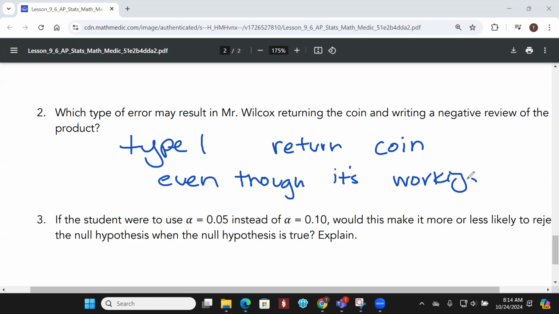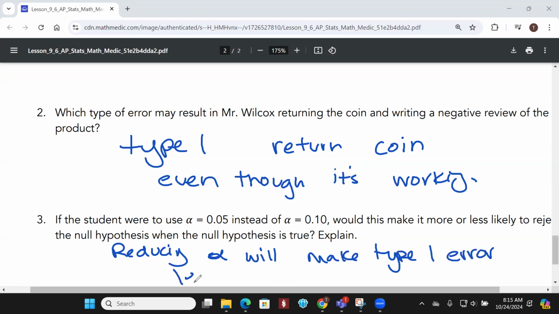Now, if the student were to use an alpha of 0.05 instead of an alpha of 0.1, would this make it more or less likely to reject the null when the null hypothesis is true? So reducing the alpha will make the type 1 error less likely.